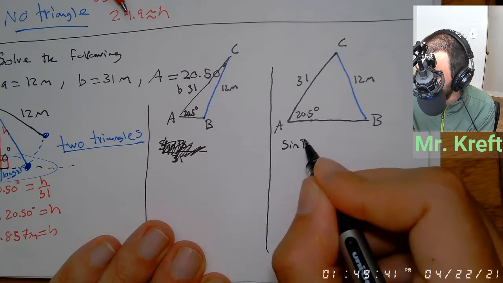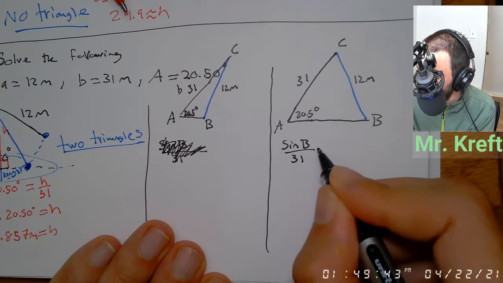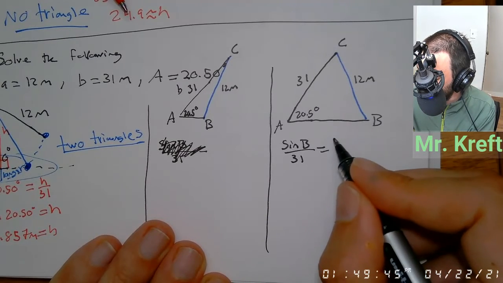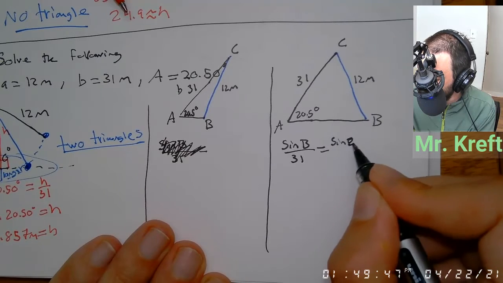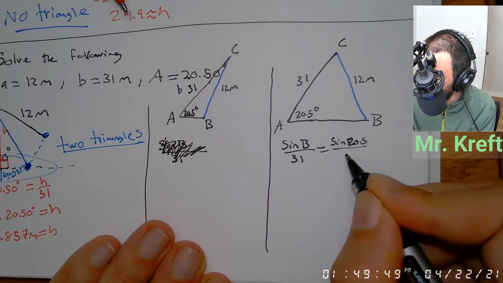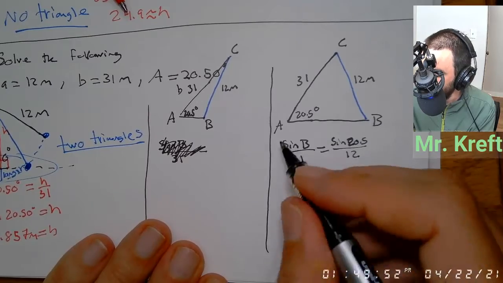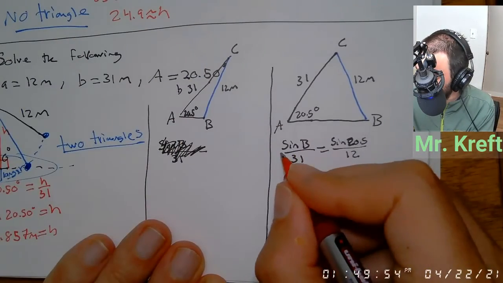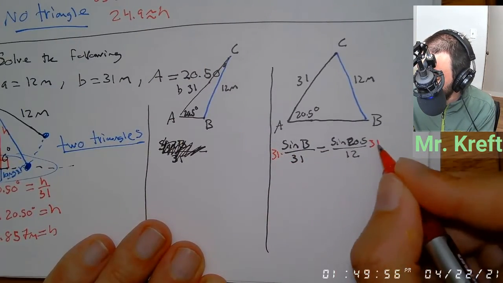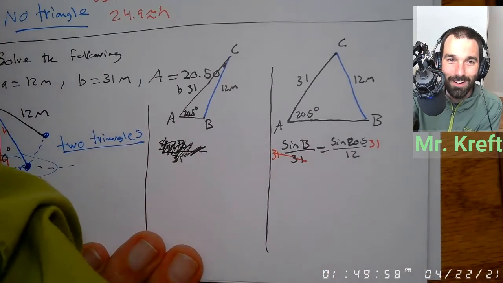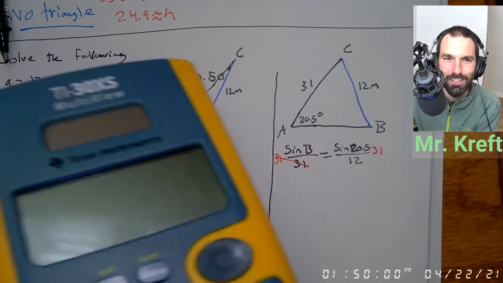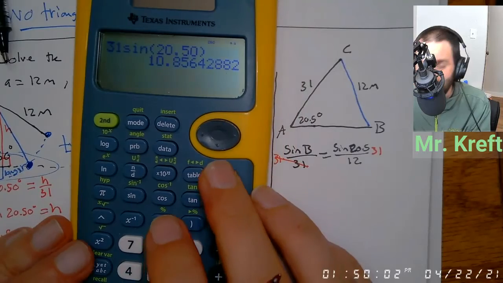So I'm going to do sine of angle B over side B equals sine of 20.5 over 12. So to solve this, I'm going to multiply by 31. Onward, stallion!